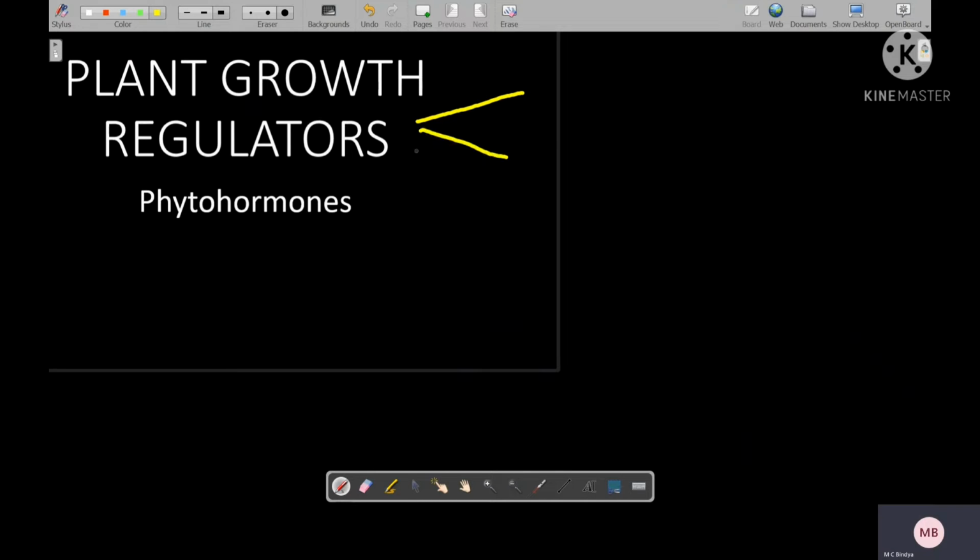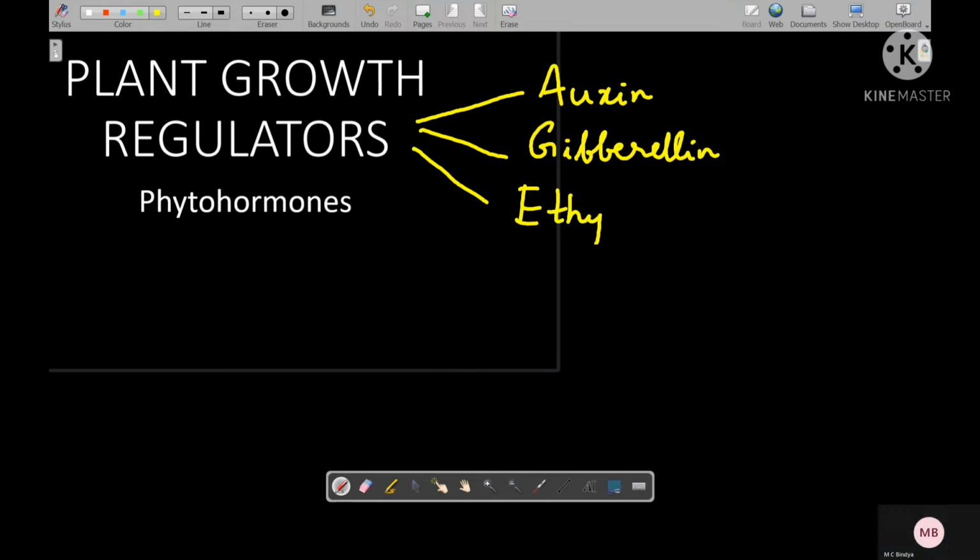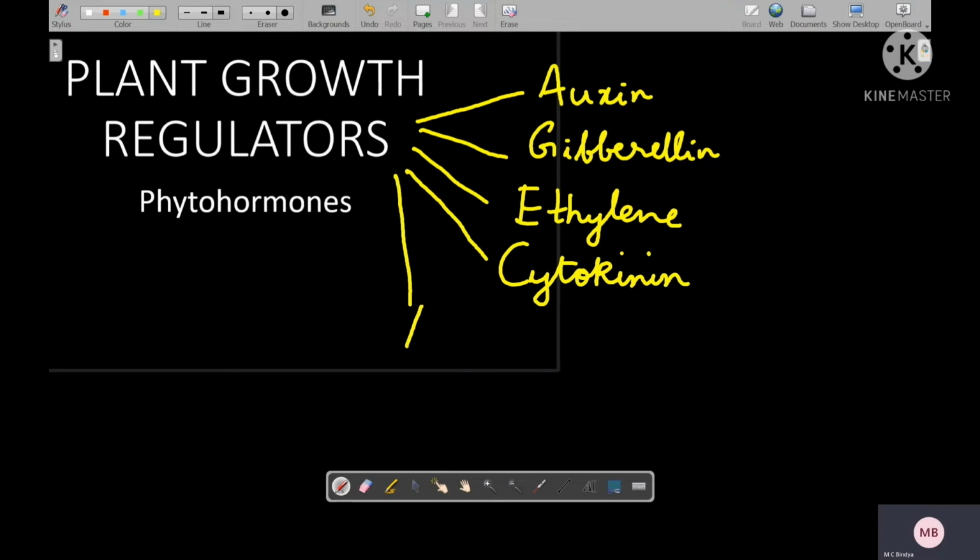Some of the phytohormones. One is auxin, then comes gibberellin, then comes ethylene, cytokinin, and abscisic acid.